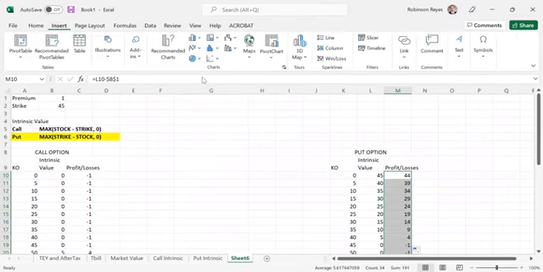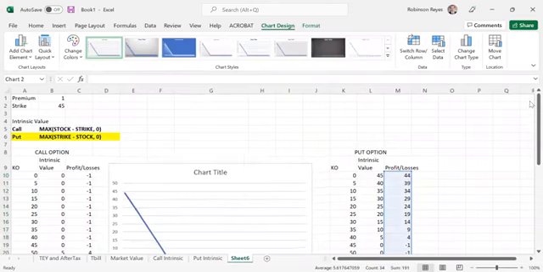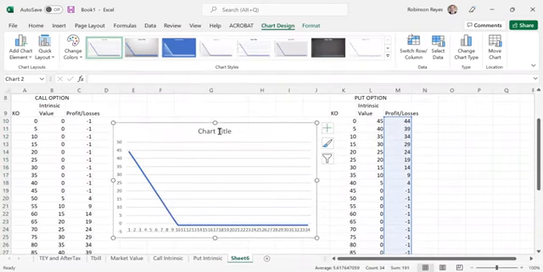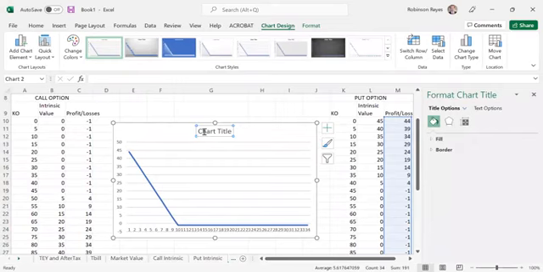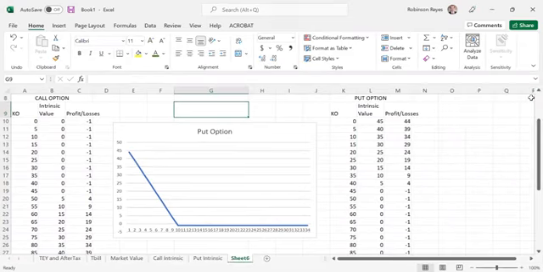Now, if we insert a line, this is how the profit diagram of a put option contract looks like. And with a put option, your biggest gain is the strike price. Your max gain is basically the strike price, and that's where you reap the highest possible gains from a put option contract.